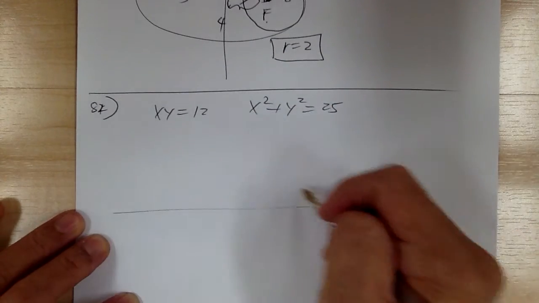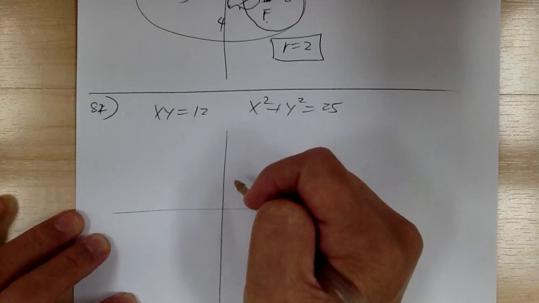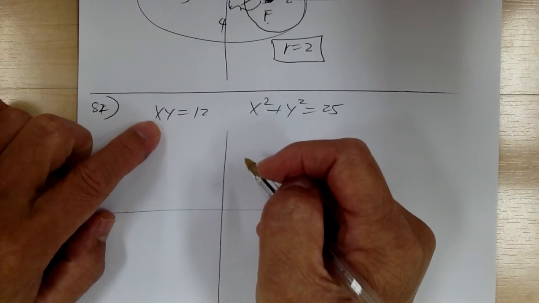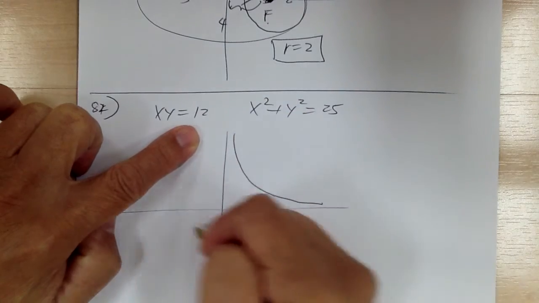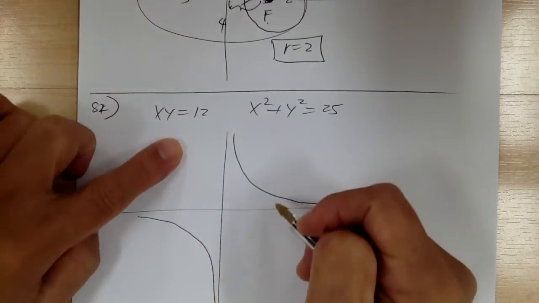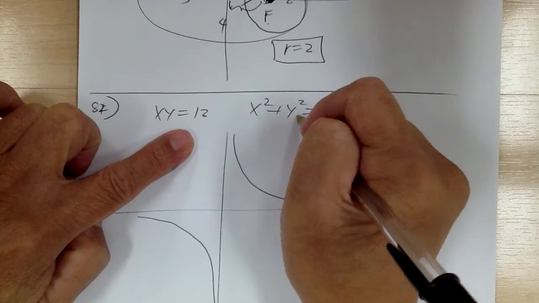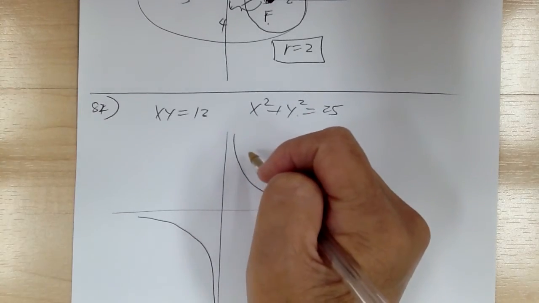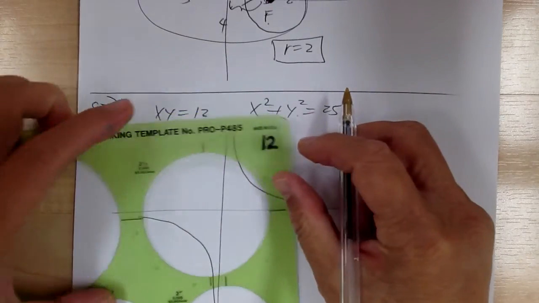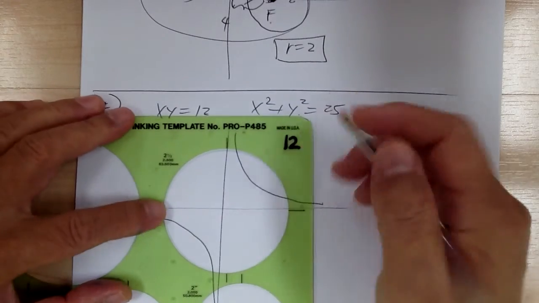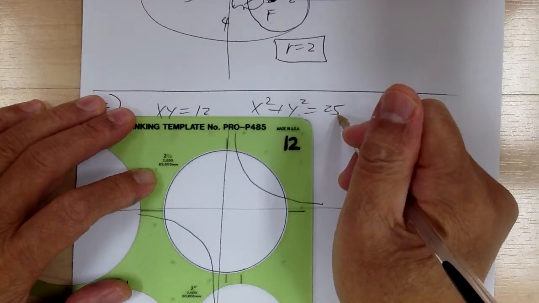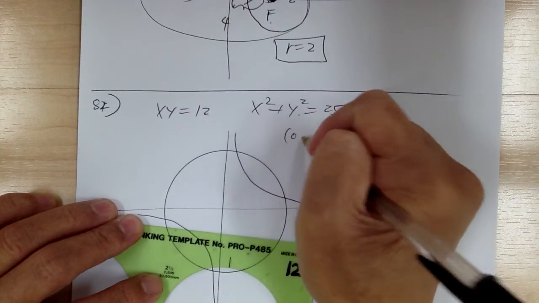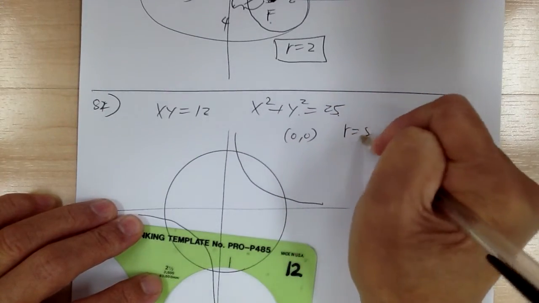Now if you were to sketch out x times y equals 12, it's going to be a hyperbola, and this is a circle with a radius of 5. So the center is going to be 0, 0, and radius equals 5.